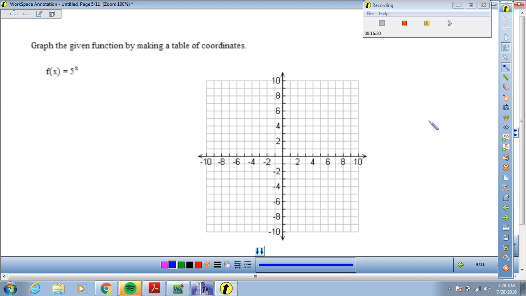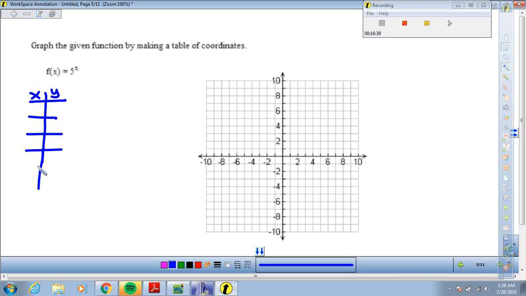Moving on to the next slide, and the first actual problem where we have to do something dealing with an exponential function. We have to graph this function. To graph it, I know that we can use the calculator to get points.